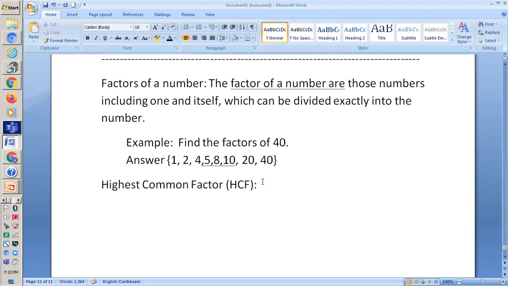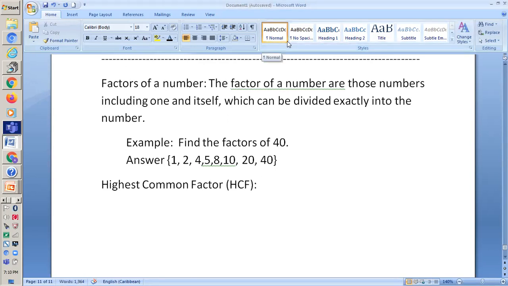So basically, to find the highest common factor, it would be a set of numbers as well. So it will be more than one number.